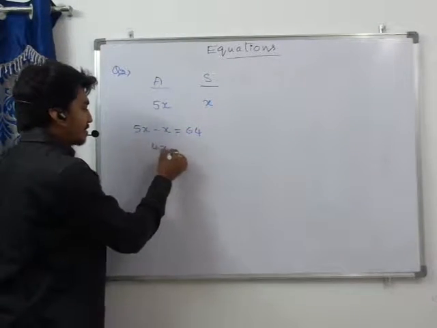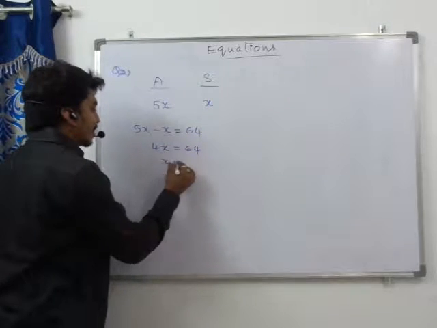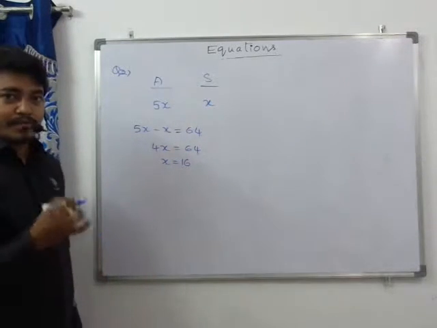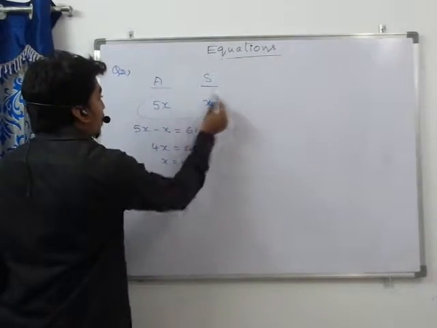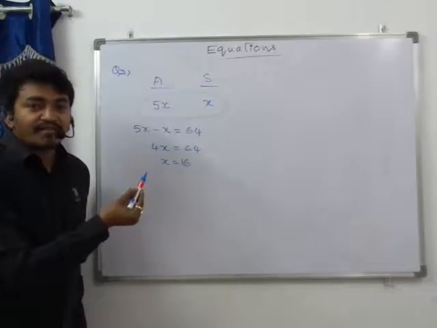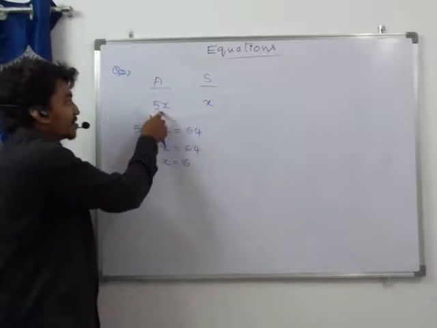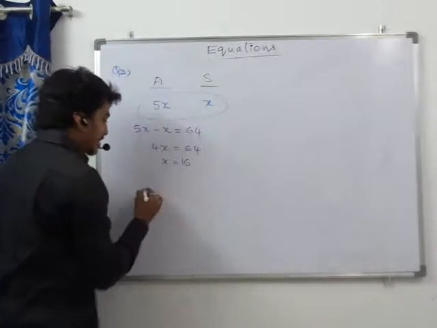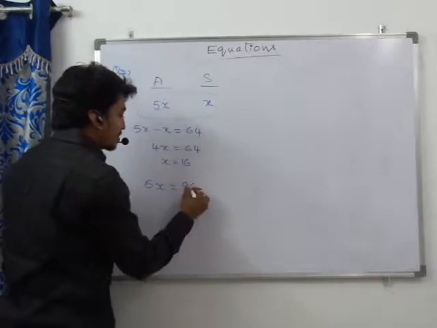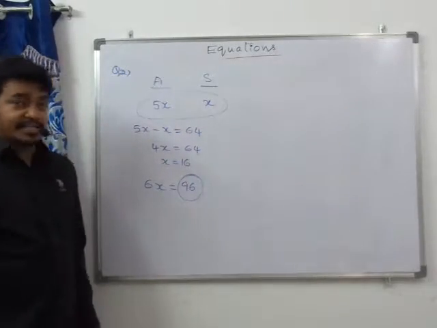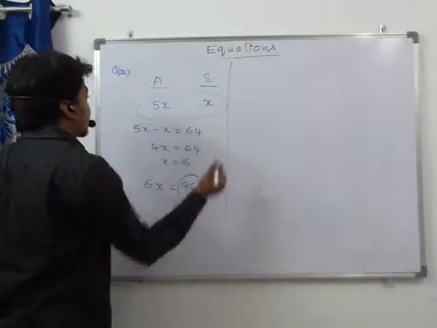So 4x is 64, x is how much? 16. But what he is asking is the total number of marbles with them. Total number of marbles means Anurag's marbles plus Sudeep's marbles, which is 6x. We have to find out 6x. What is 6 sixteens? 96 is the answer. A simple application, guys.